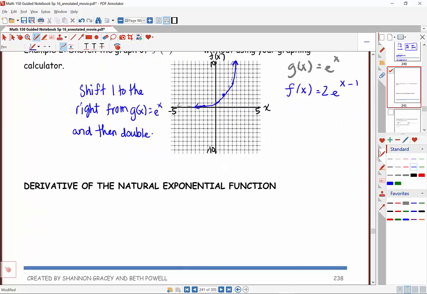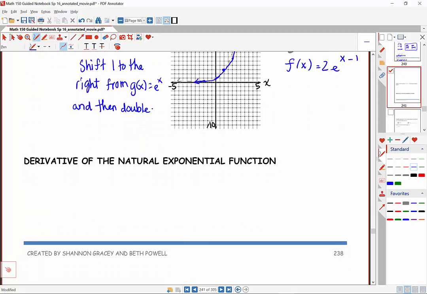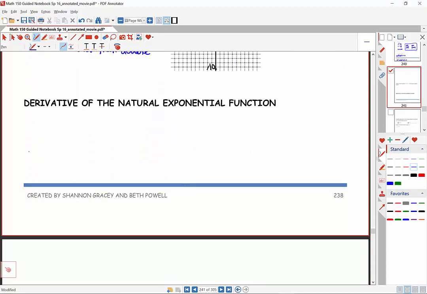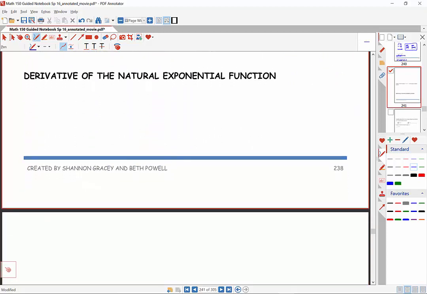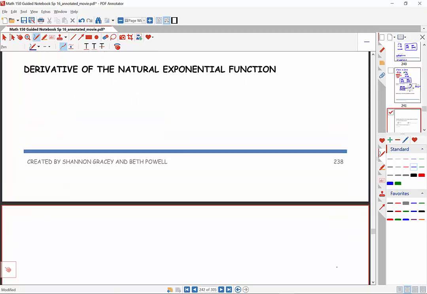Okay, so here we go. The derivative of the natural exponential function. The way we're going to show this is kind of groovy.